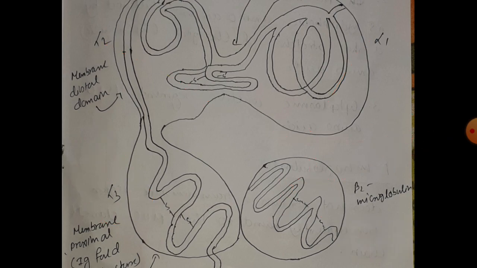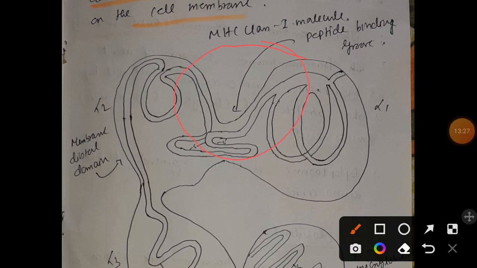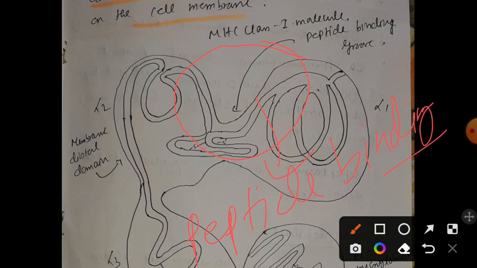Another important thing is that alpha 1 and alpha 2 domains together create a groove known as the peptide binding groove. This peptide binding groove is going to present the antigen. So whatever the MHC class 1 molecule holds, it will present with the help of this peptide binding groove.